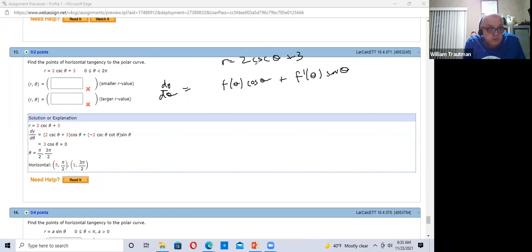Here's our function: 2 cosecant theta plus 3, times the cosine of theta, plus the derivative of this.